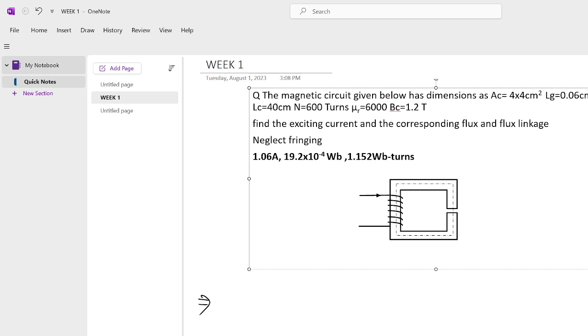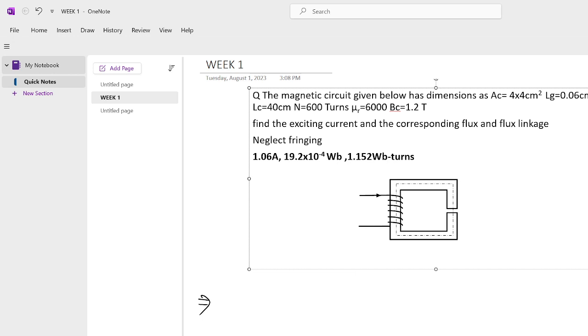The magnetic circuit, I'm dictating the question as well. The magnetic circuit given below has dimensions as follows. The cross section of the core is 4 cross 4 square centimeter.